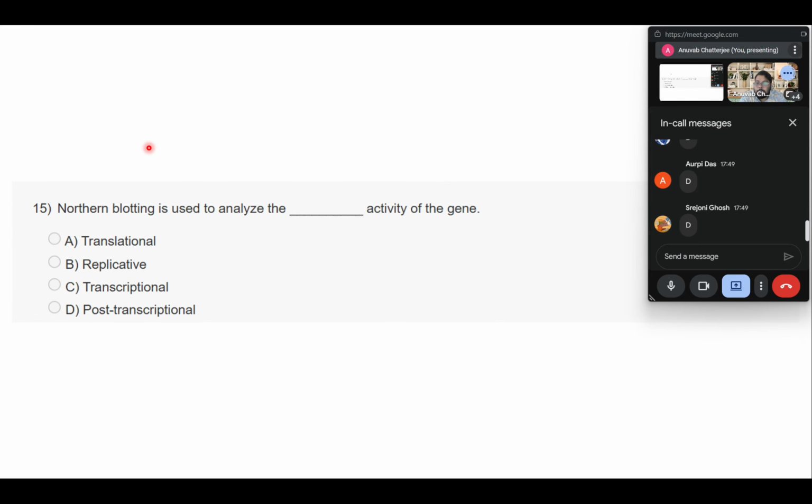And finally, now the last question for the day. Northern blotting is used to analyze the blank activity of the gene. The translational, the replicative, the transcriptional, or a post-transcriptional activity of the gene. What is Northern blotting used for?